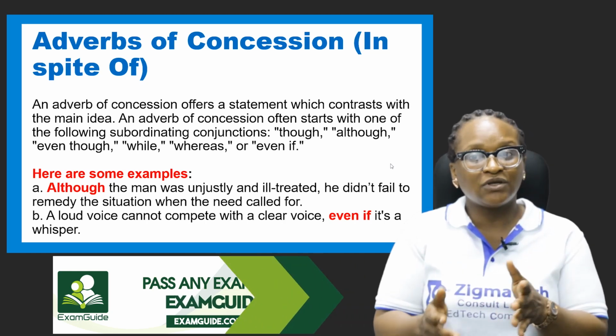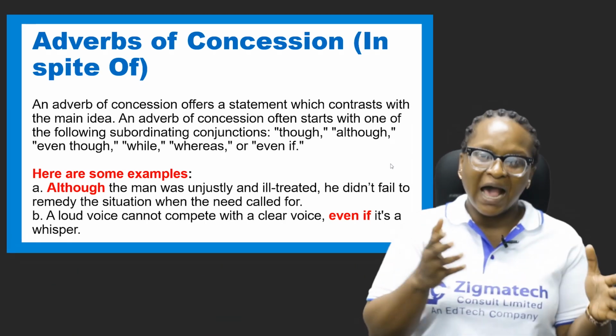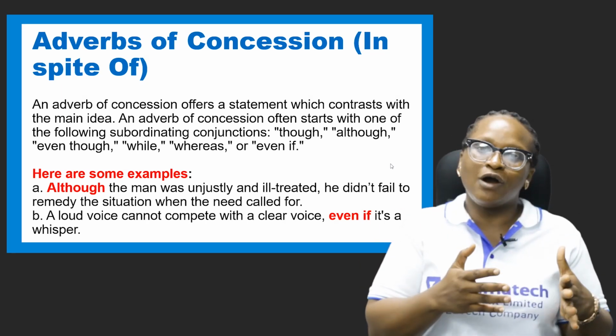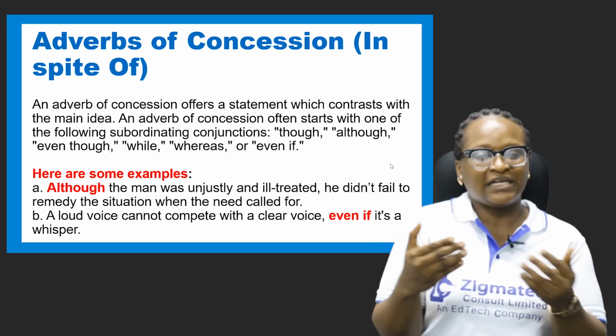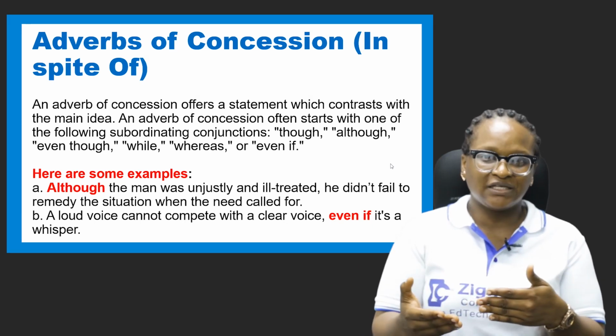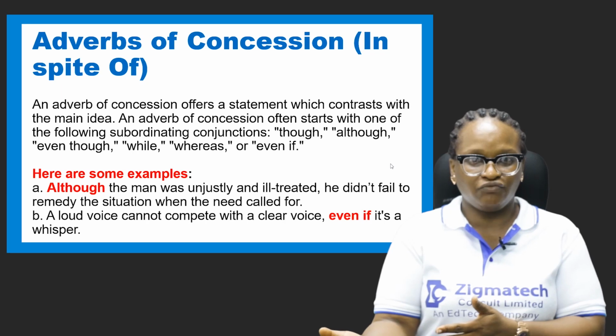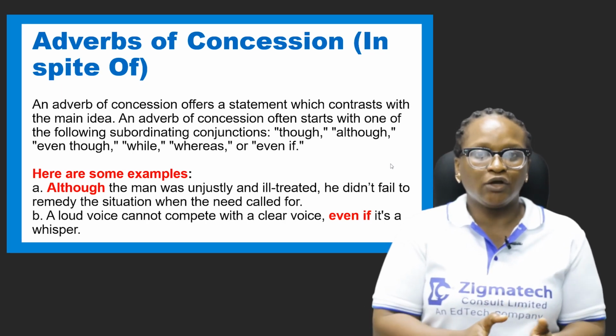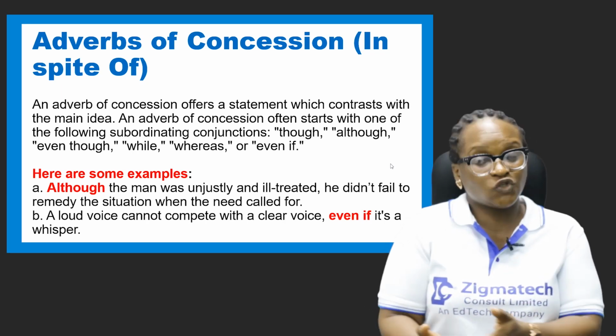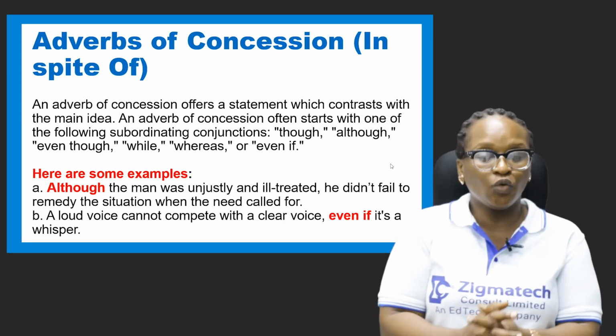I was slapped. Even though I was slapped, I still apologized. Even though I was the one hurt, I said I was sorry. That's contrasting. The normal thing is, you were hurt, I should hurt in return, I shouldn't apologize. But in contrast, you did what was not expected of the person who was hurt.